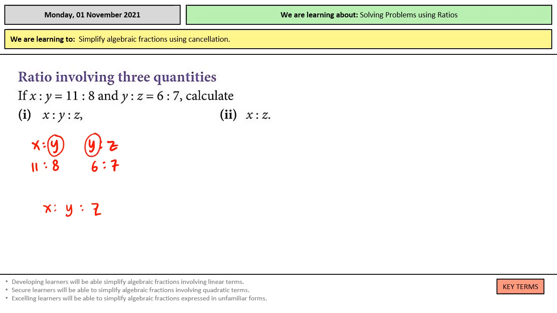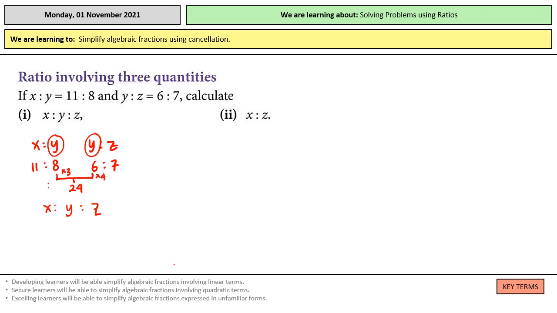Well, you can multiply 8 by 6, or you can use the lowest common multiple. In this case, they both can be made 24. So for 8 you multiply by 3, for 6 you multiply by 4.